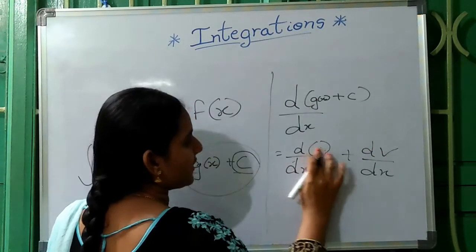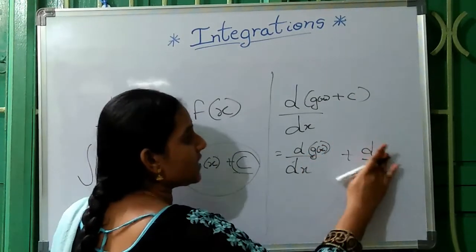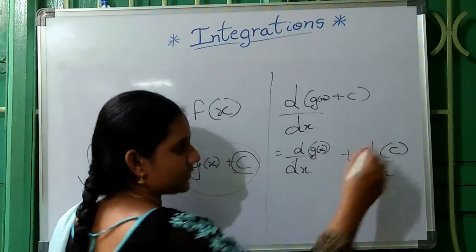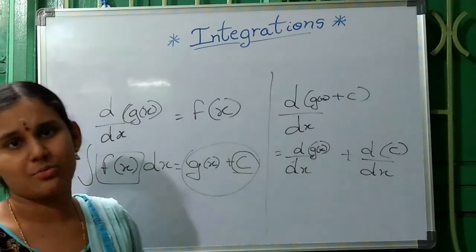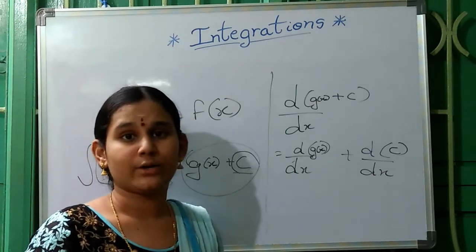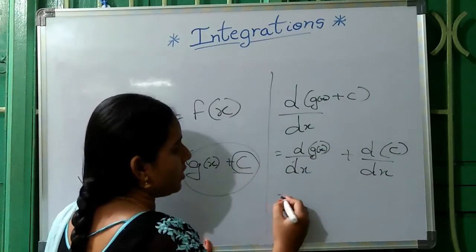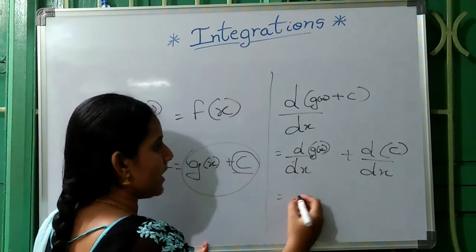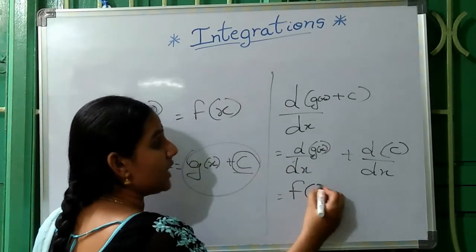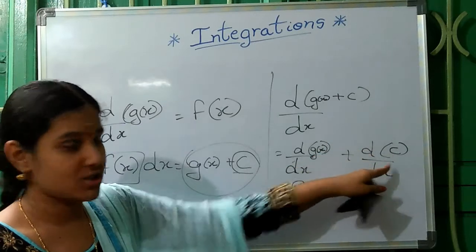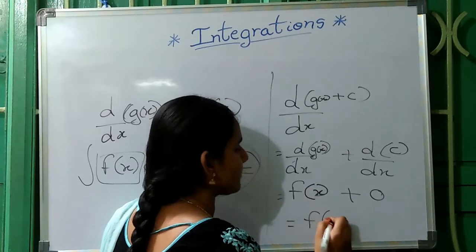Here u is g of x, and v is c, where c is a constant, like numbers 2, 3, 4 or -2, -3, -4 or 1 by 2 or √2, different constants. So d by dx of g of x is f of x, and differentiation of a constant is 0, which gives f of x.